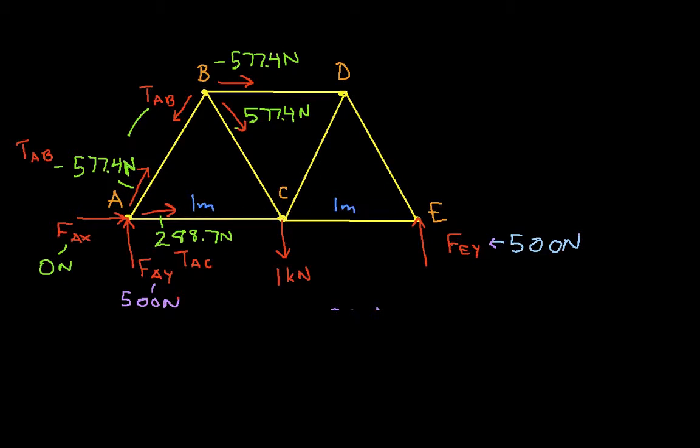The next thing we'll do is we'll look at joint C and do a free body diagram there. And we know TBC, we know TAC. So, whoops, I'm also drawing the arrows backwards because I've got a cat that's in front of my screen.